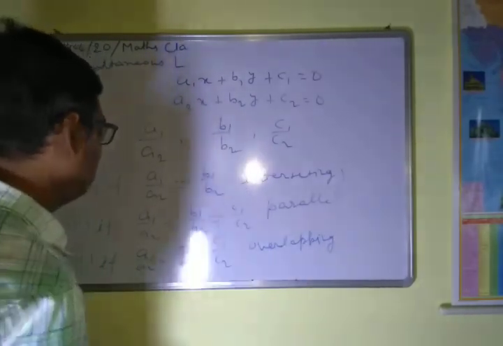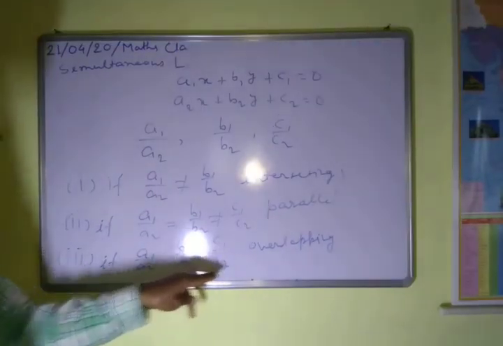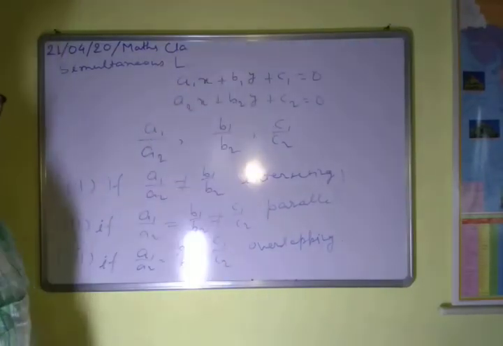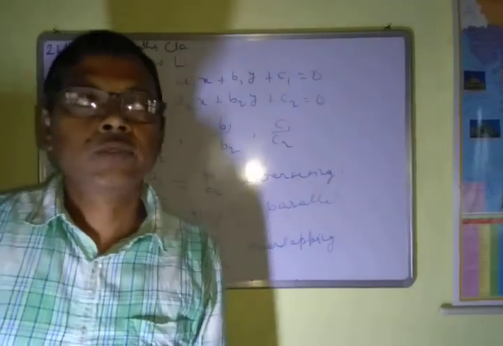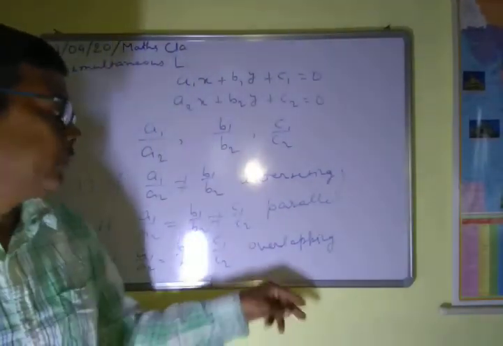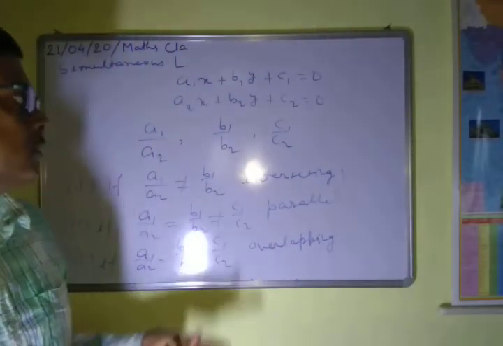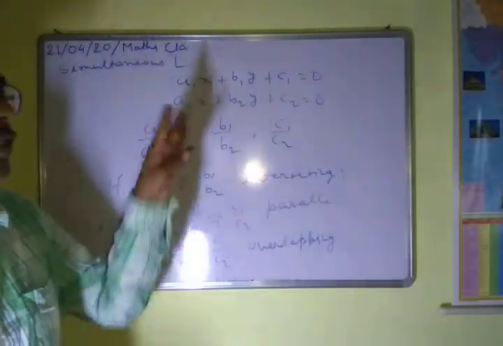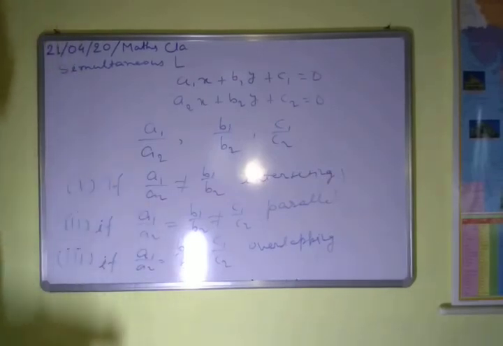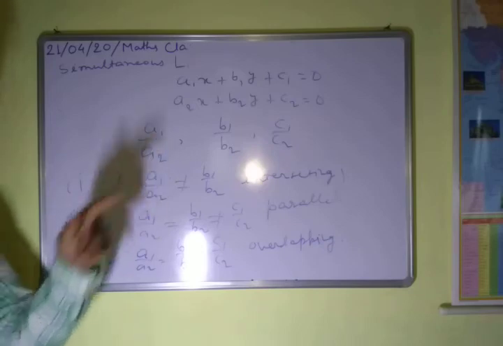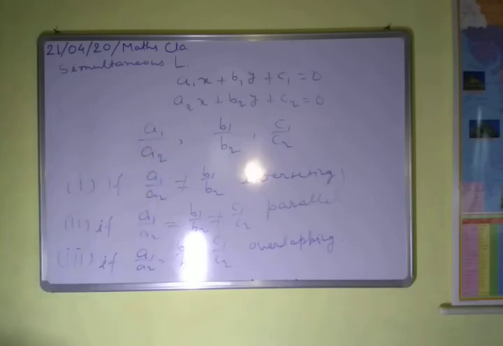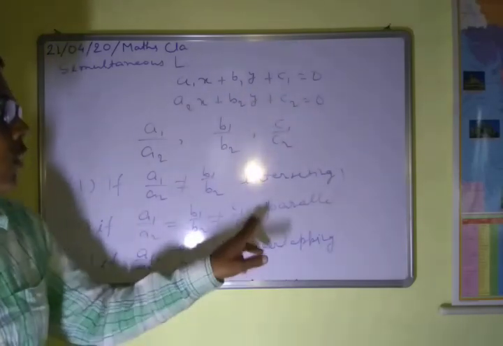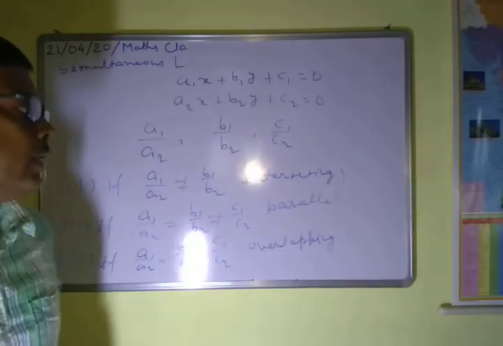When the lines are overlapping, the two equations have infinitely many solutions, because every point on that line is a solution for each equation. So these are the three conditions. If you find these ratios, you will know whether the given system of equations has intersecting, parallel, or overlapping lines.